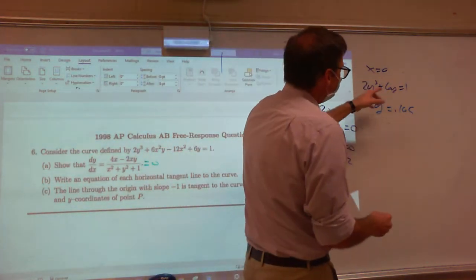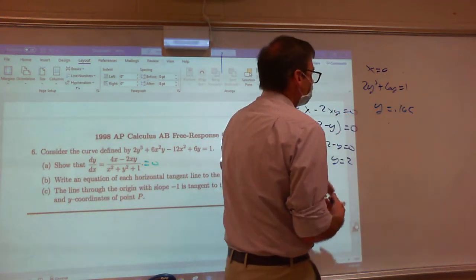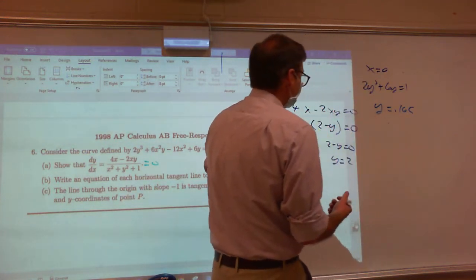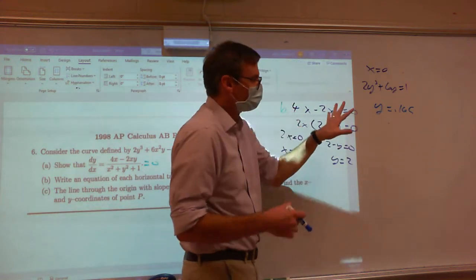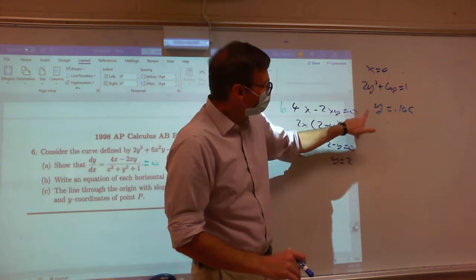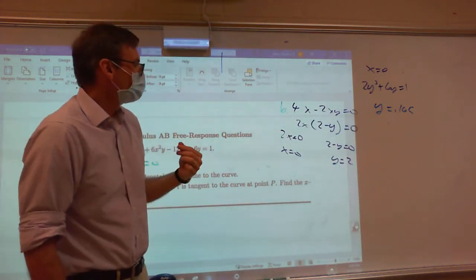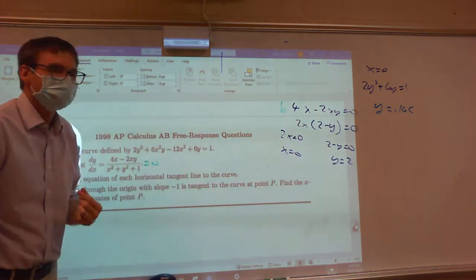So when x equals 0, y is going to equal this. That's the point. Now this is the theory part. If y is equal to 0.165, does my slope equal 0?